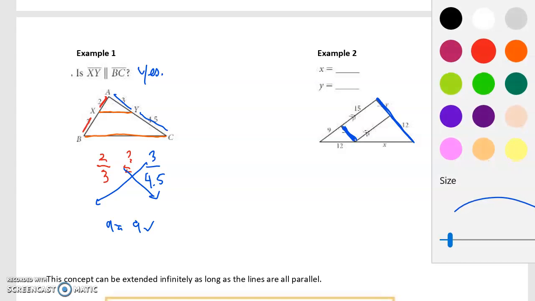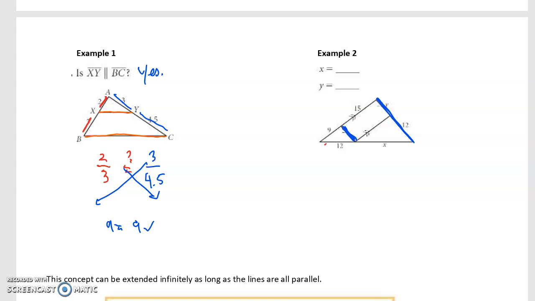That means that this side is cut proportionally to this side, because these are the two sides where the parallel lines are hitting. So the proportion we want to write then is 9 over 15 is 12 over x.